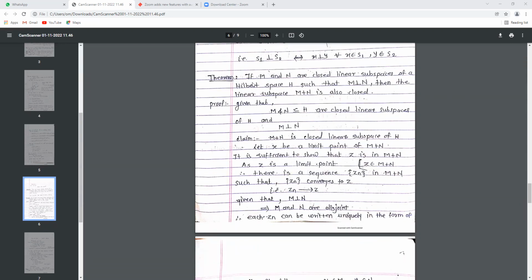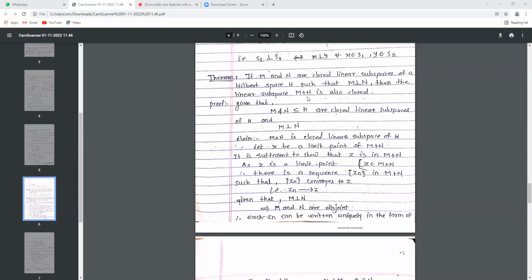Now the theorem: if M and N are closed linear subspaces of a Hilbert space H, such that M is orthogonal to N, then the linear subspace M plus N is closed.